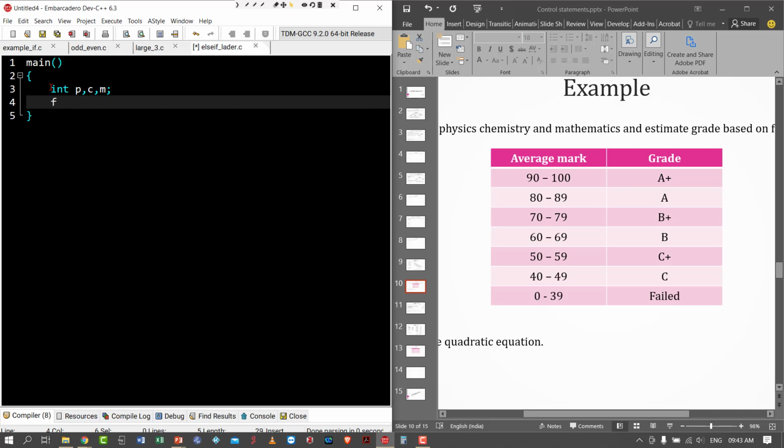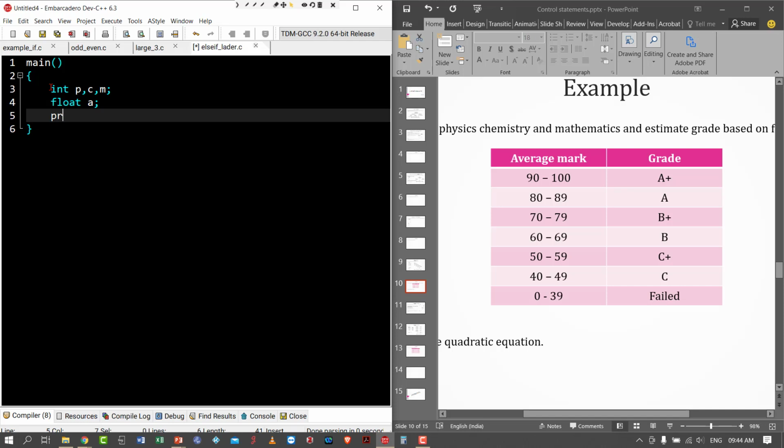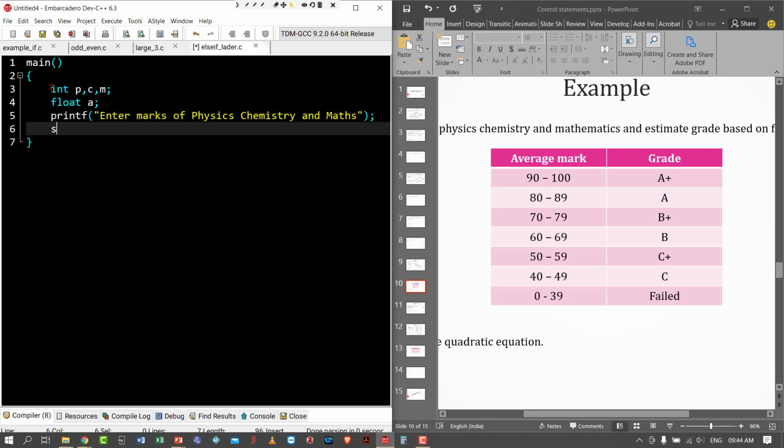So to store average, I am declaring another variable called A. So I'm reading physics, chemistry, maths. printf Enter Marks of, then I am writing a scanf statement.